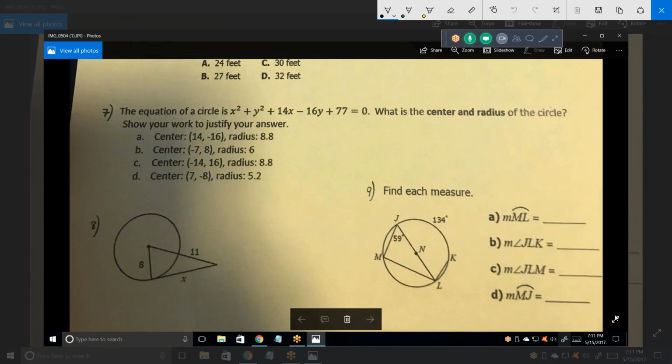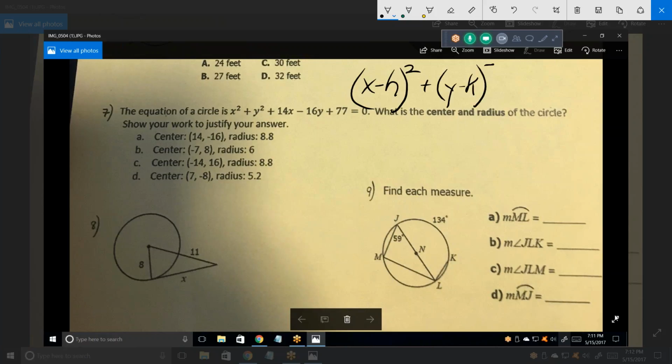Yeah, I've done a little bit. Okay. Give me again what the general equation of a circle is. X minus h squared plus y minus k squared equals r squared.